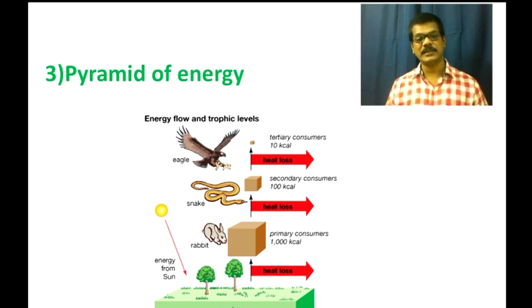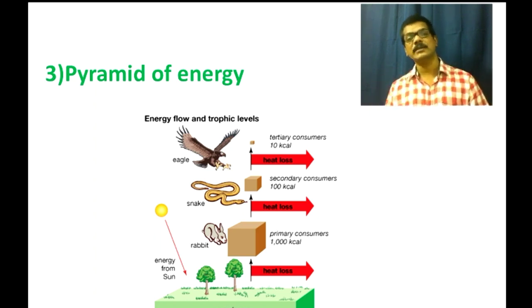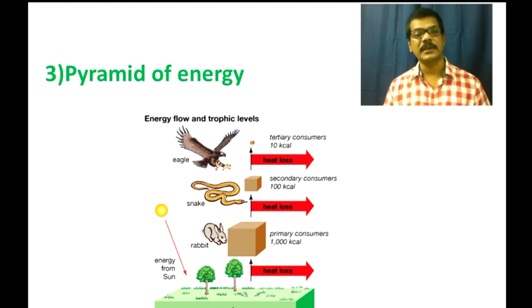So the amount of energy present in the trophic level decreases as we move from the left hand side to the right hand side of the food chain, or from the base to the top of that pyramid. Thereby the ecological pyramid that we construct looks like an upright pyramid.